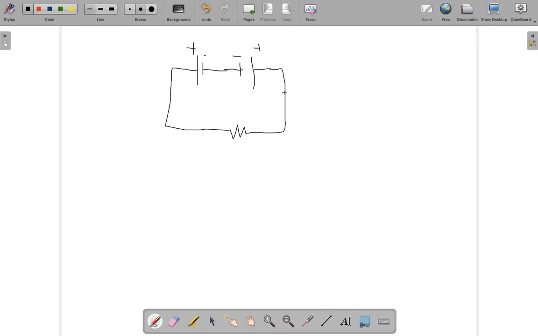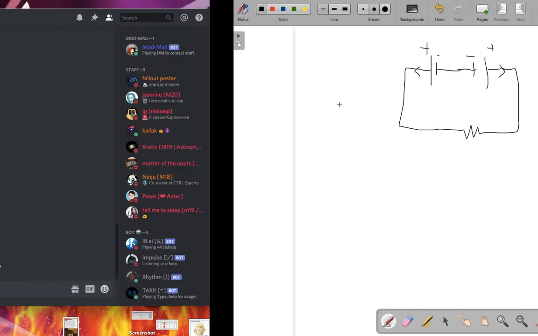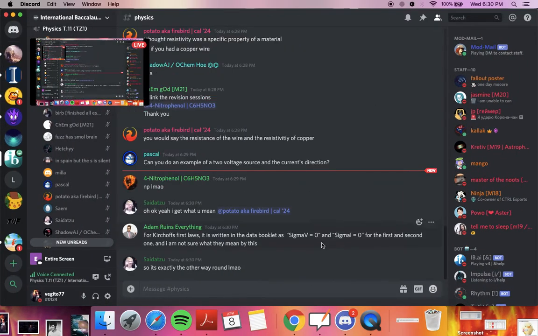In that case, the direction of the current depends on the potential difference generated by these two cells. If this cell has a potential difference greater than this cell, the resulting conventional current will be this way. However, if this cell has a greater potential difference than this cell, then the conventional current will result this way. Does that help?